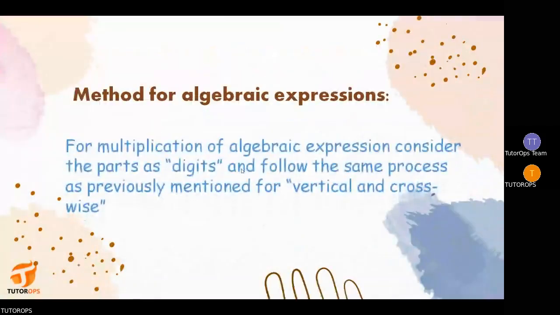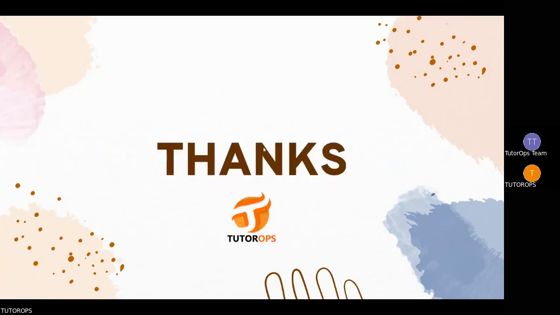Now, method for algebraic expression. For multiplication of algebraic expressions, consider the parts as digits and follow the same process as previously mentioned for vertical and crosswise. Now let me take an example.